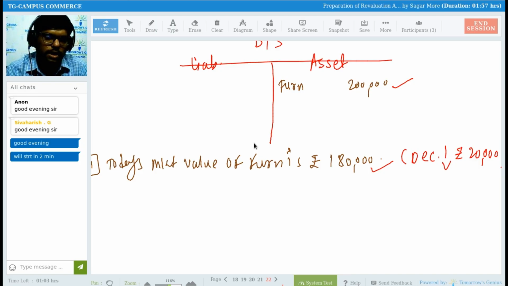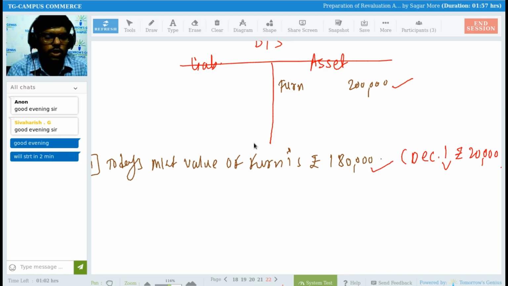Sadhana, it's an asset, no? Asset decreased, and is it a gain or loss? Loss. Absolutely right. And loss we have to debit to the revaluation account or credit? Debit. See, revaluation account means profit and loss account. On the debit side we always record loss, right? Because the asset value decreased, it's a loss for me.